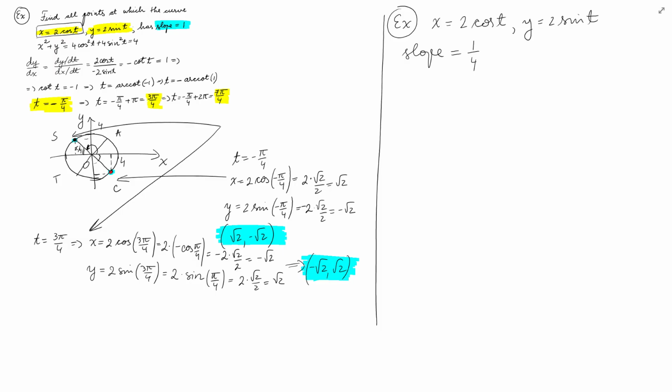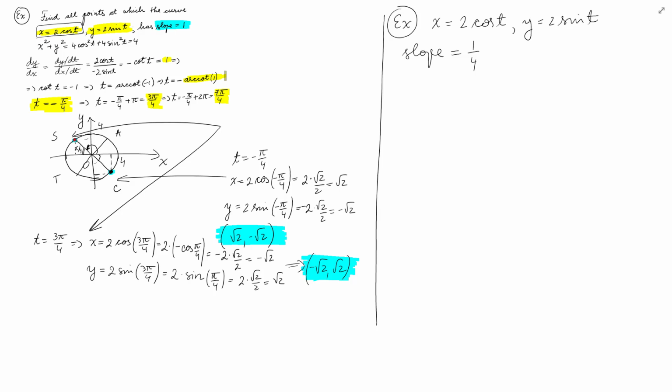Well, we just solved the problem to the left where we were able to find the points of the curve x equals 2 cosine t, y equals 2 sine t, which had slope 1. And so it was easier for us to find it because having cotangent of t equals 1, we were able to find our angle because it was a value that was pretty common, so it gave us pi over 4.